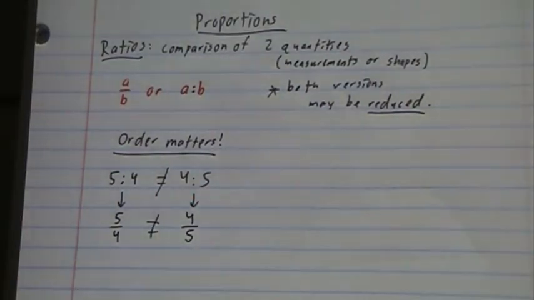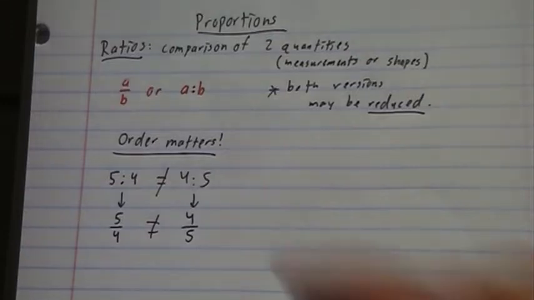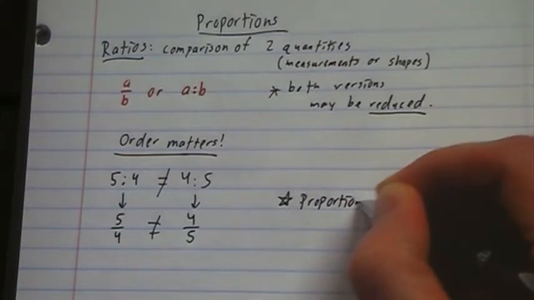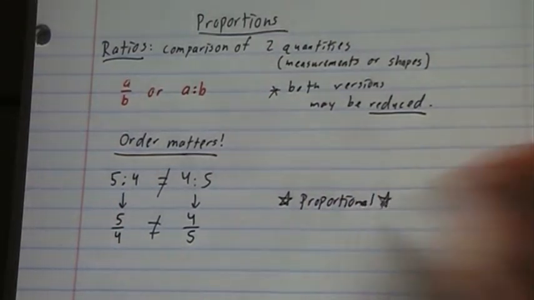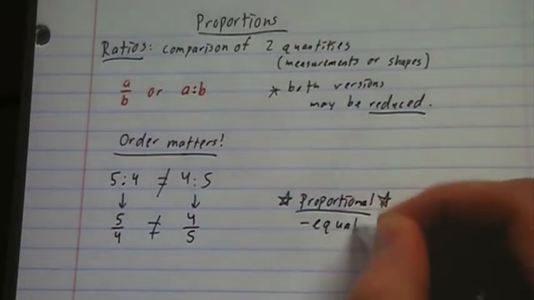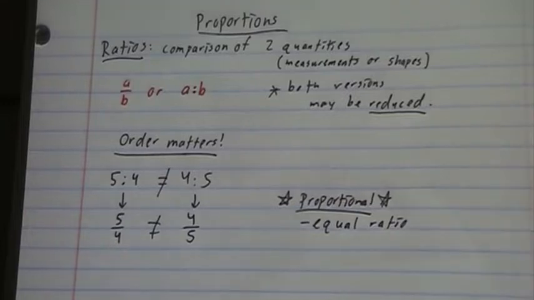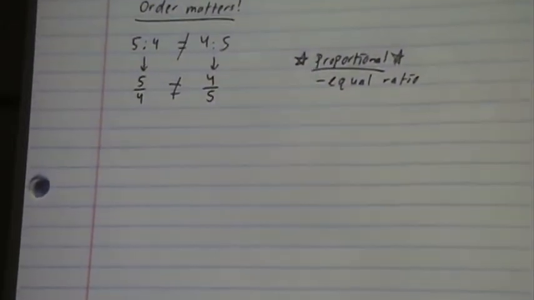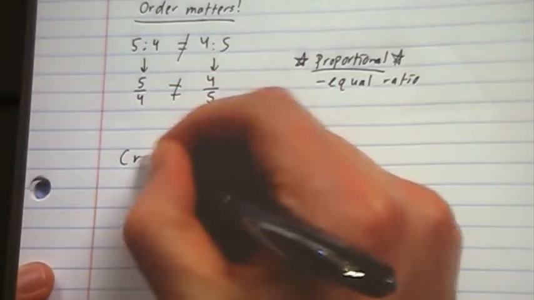Cool. And that gets us to a key term, which is proportional. Proportional means equal ratio. You might have heard the term equivalent ratio or equivalent fractions. They all kind of mean the same thing. Now, one thing you're going to be doing is using a strategy called a cross product.